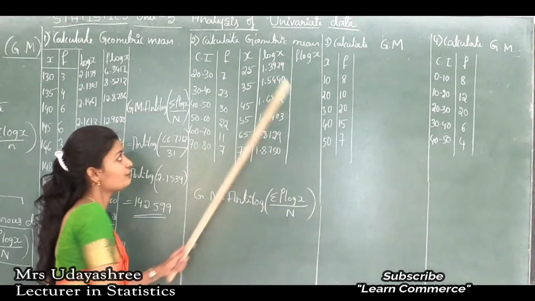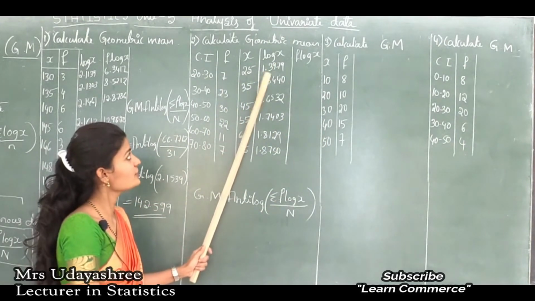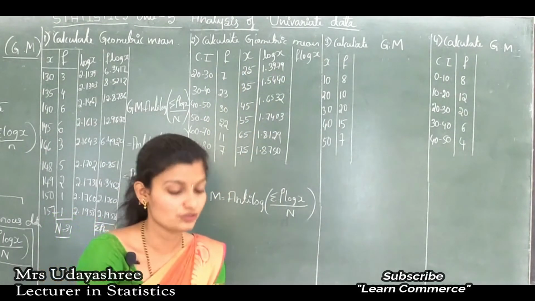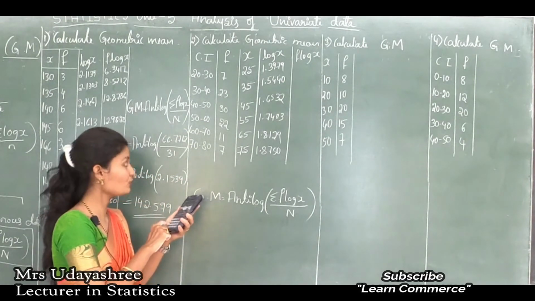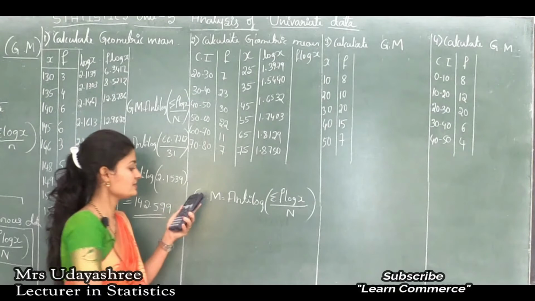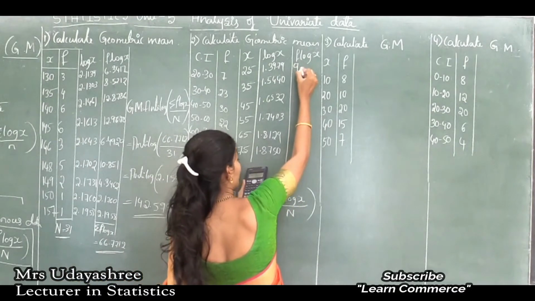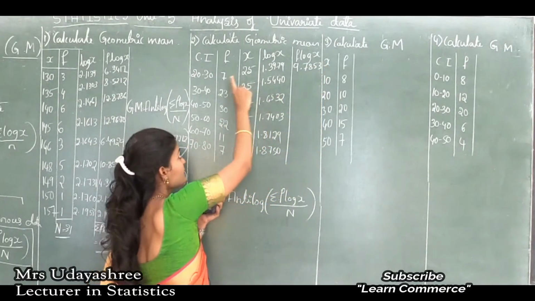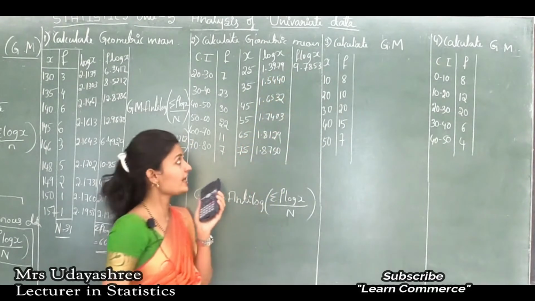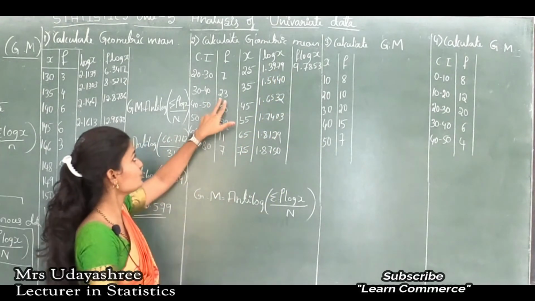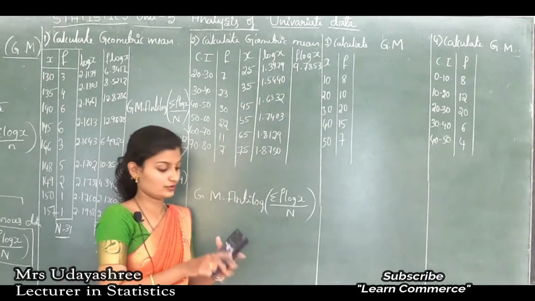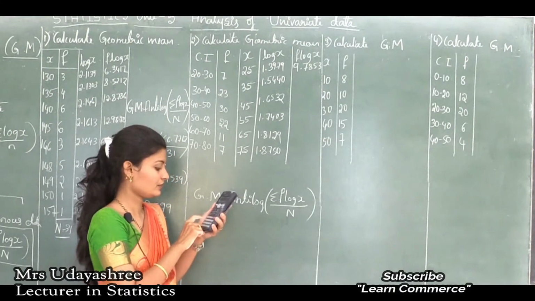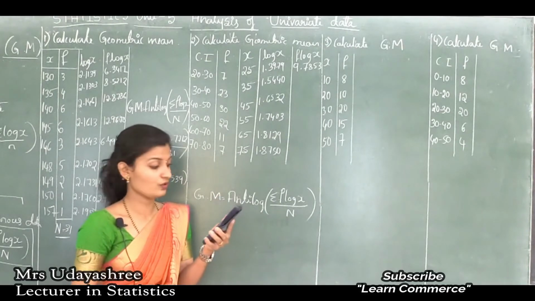The first f observation is 7 and the log x value is 1.3979, so 7 into 1.3979 is 9.7853. Next we need to do 23 into 1.5440.